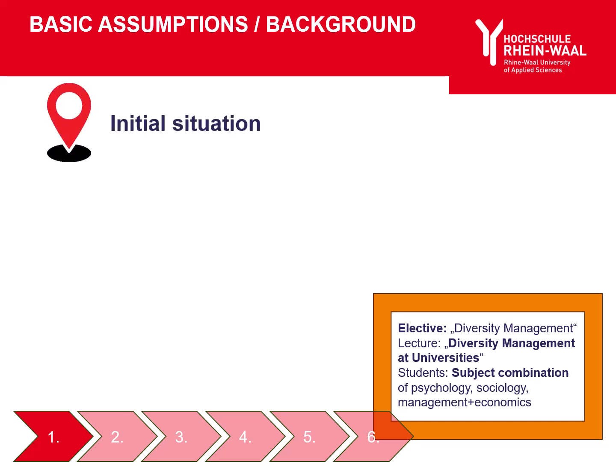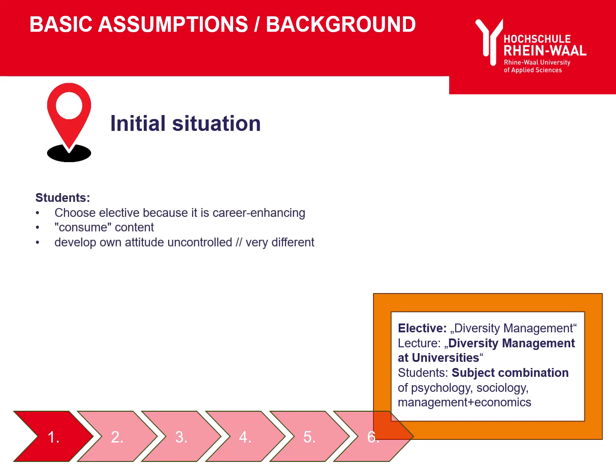The starting position for me is as follows. Students who already start the course with a career goal usually want to work in the HR department of a company that is as large as possible. The elective diversity management is often, according to my perception, a springboard for them because the subject is modern and unavoidable.